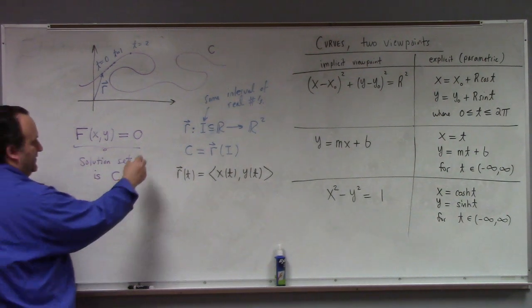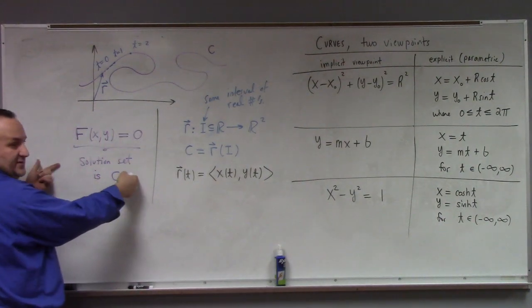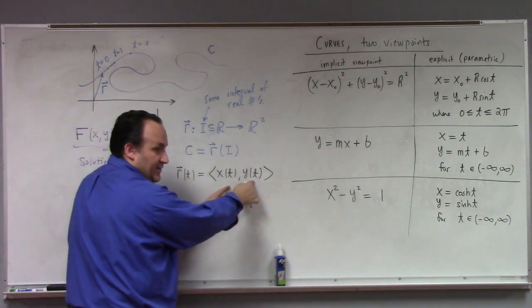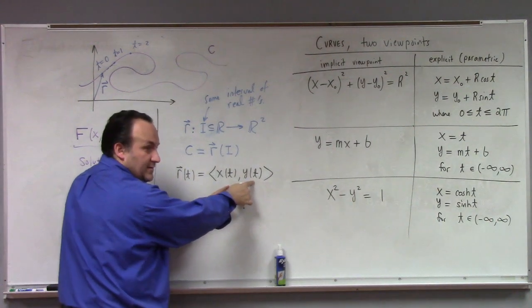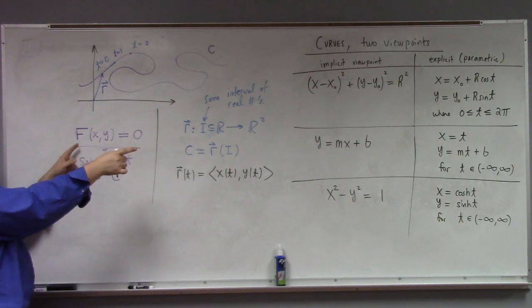So what does it take in the abstract for this to be a parameterization of this curve? It means that you can take these equations, these formulas for t, and you can plug them into the equation over here, and they work. All right? If you look at my 3 examples, that's true.